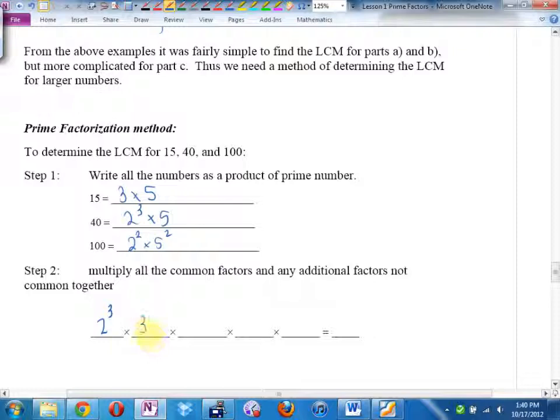Let's write that down. I'll put a little 1 there so that we actually said that. What's the biggest power of 5 in any one list? Try multiplying that together. Do we get 600? Yeah. We do? Yes? Yep.